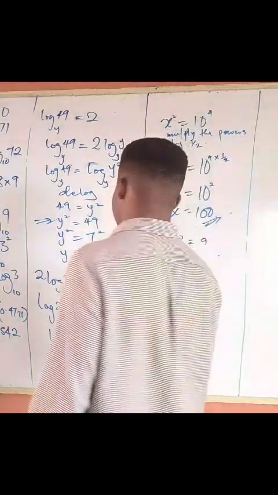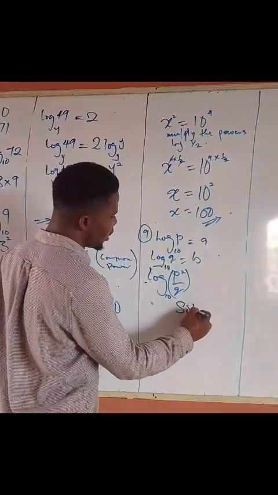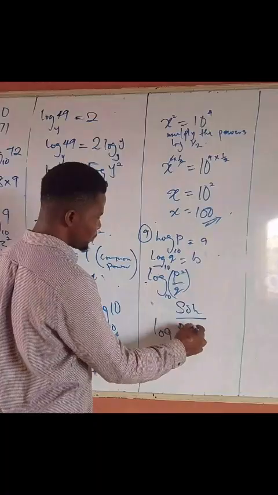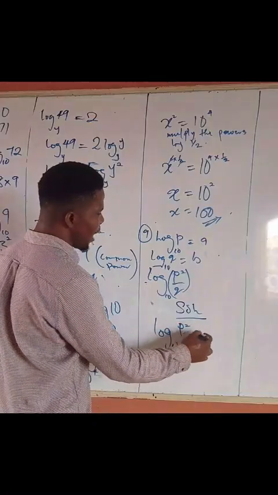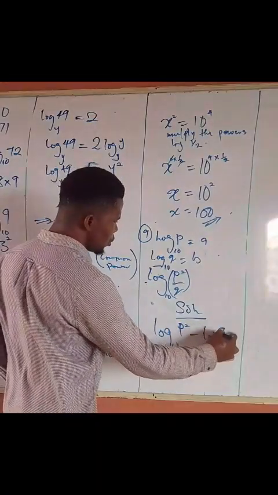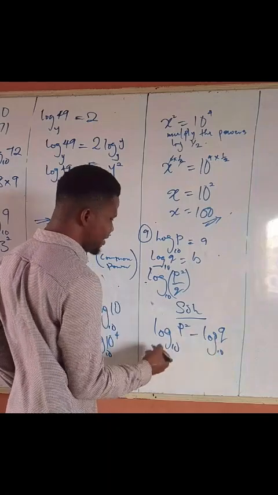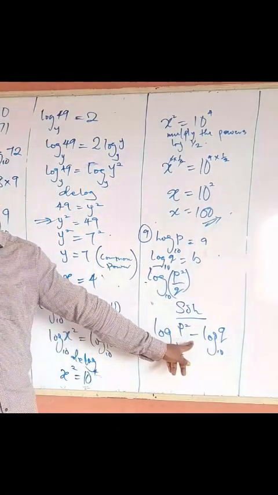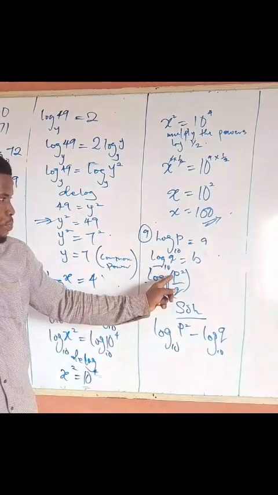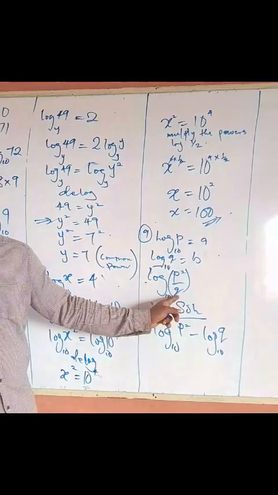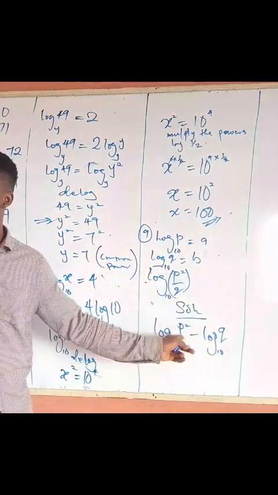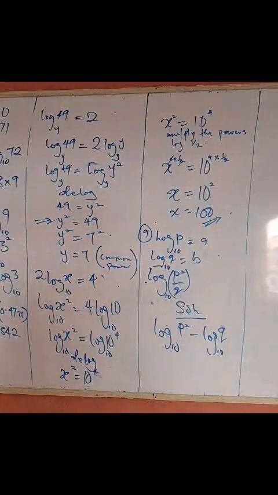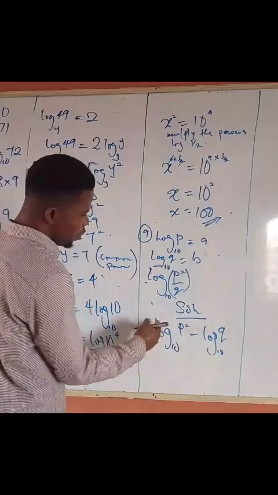Pay attention to this one. So this one is log p squared to base 10 minus log q to base 10. You separate them by minus because they are divided. You remember? p squared is divided by q, so I separate them by minus. So after I've done that, I will move this 2 to the front.